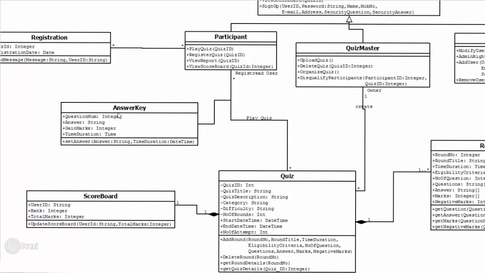Answer key stores the instance of answers given by the participant and the marks he has obtained for that question. It also contains the complete list of questions with their respective weightage and the negative marking.